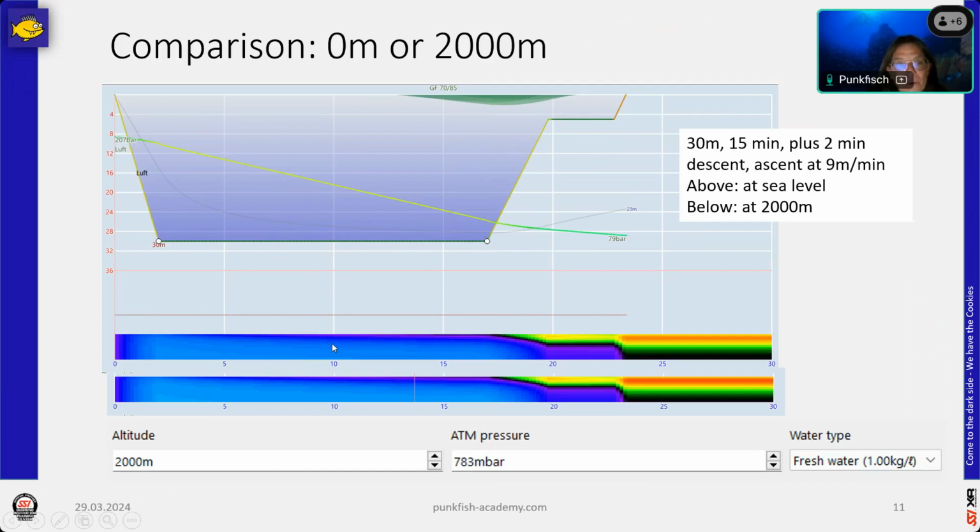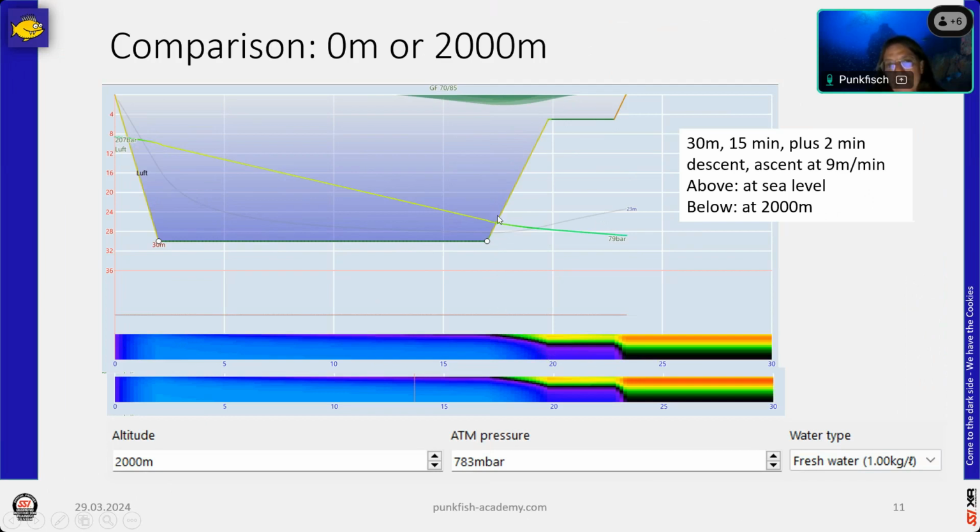So what we see here is the heat map of our 16 tissues, the 16 tissues that are saturating when it's blue. And then when we start to ascend, the upper lines are the faster tissues, then intermediate tissues, and then it goes to the very slow tissues.